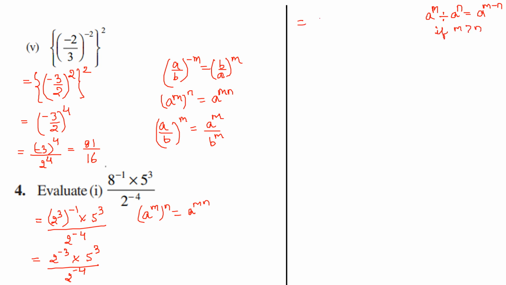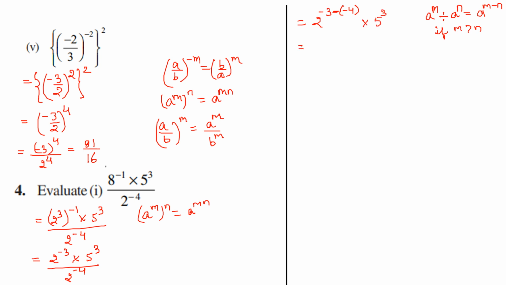So here I will use 2 to the power minus 3 minus, you have to do subtraction, right, because it is division law, and the second exponent is minus 4. So you have to write minus 4 in the bracket into 5 cube.